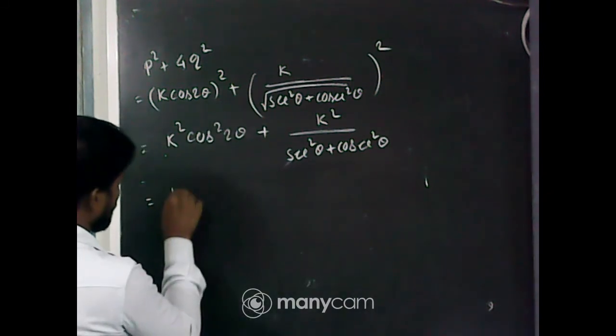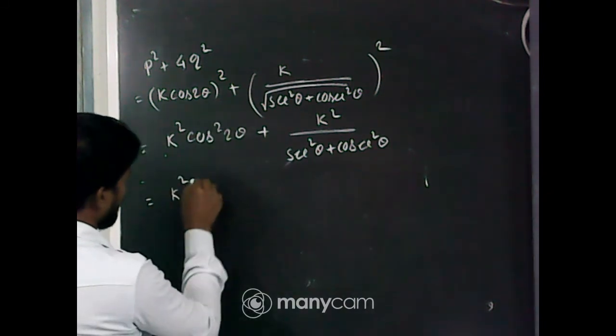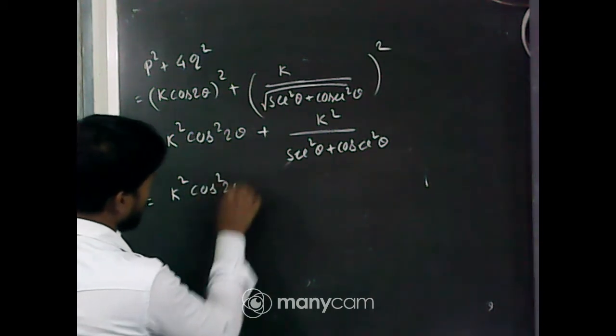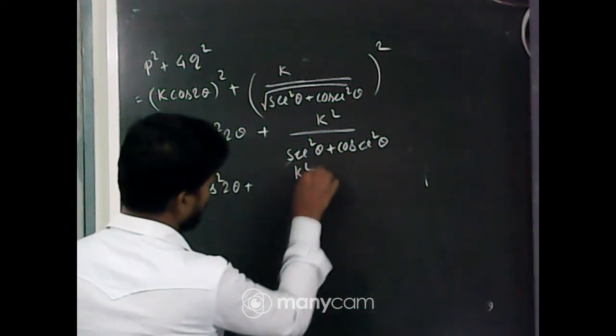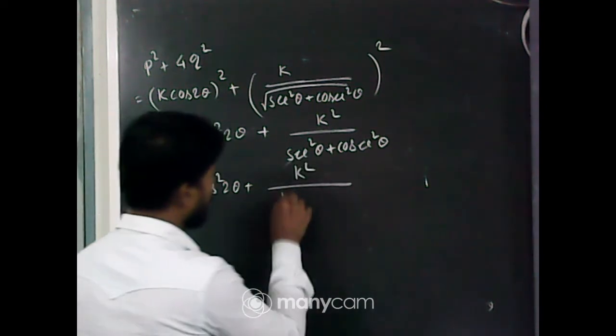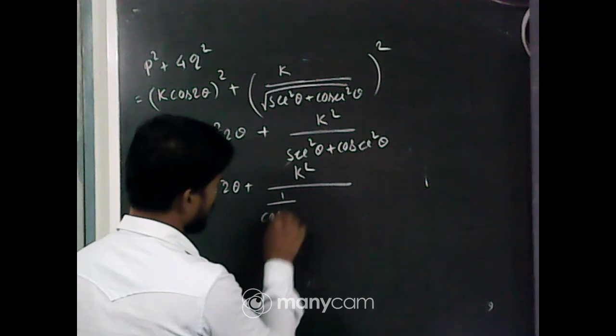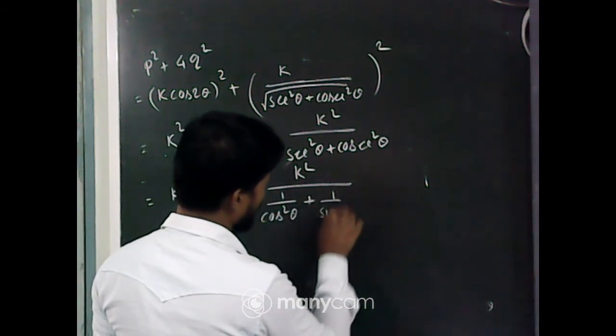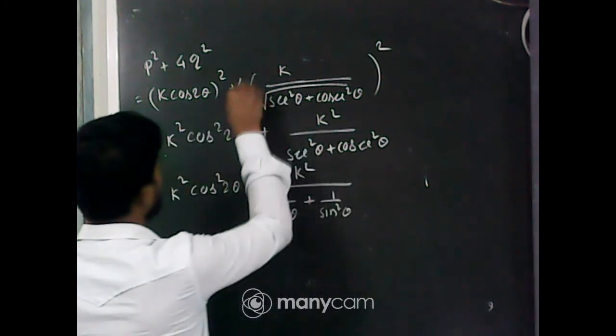If I take k square common here, k square cos square 2 theta plus k square by, now sec means 1 by cos square theta, and cosec means 1 by sin square theta, and 4 is there, this 4.